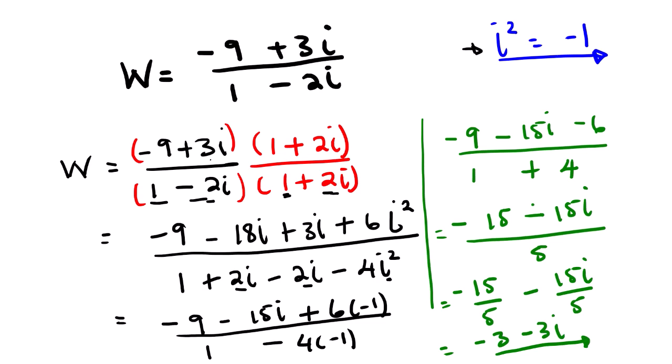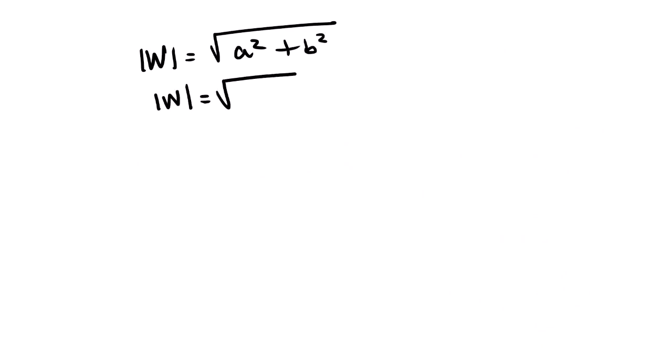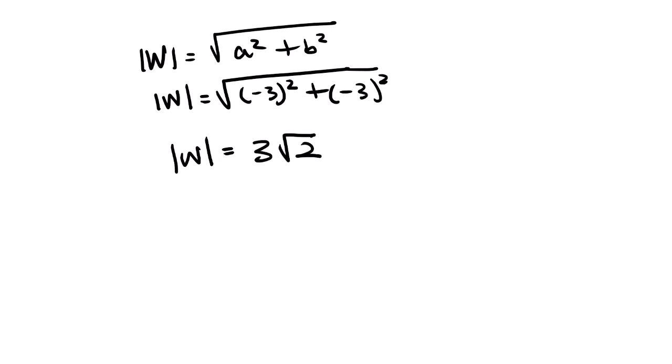Then we can apply the modulus equation, which will be modulus of w is equal to square root of a squared plus b squared. See our a is negative 3 squared plus negative 3 squared. We find that our modulus is 3 square root of 2. So this is our final answer.